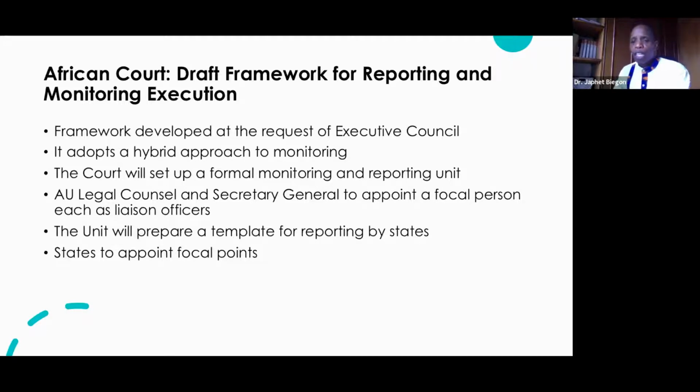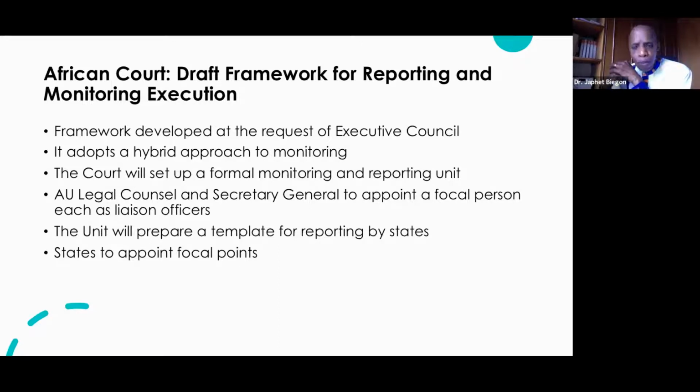So it tries to infuse or merge the political model with the judicial model of monitoring. Then an important aspect is that the court will set up a formal monitoring and reporting unit within its registry. This will be responsible for gathering information and data on implementation, and then providing proposals or advising the court on what next steps need to be done.